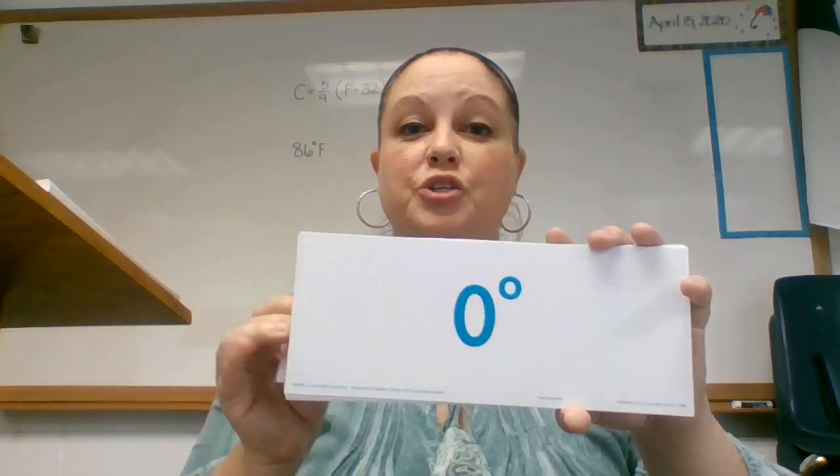If you remember from yesterday, we learned that this is the Celsius temperature for your normal body temperature. Celsius temperature for boiling point of water, and the Celsius temperature for the freezing point of water. So we went over these yesterday. It's a good idea to commit them to memory.